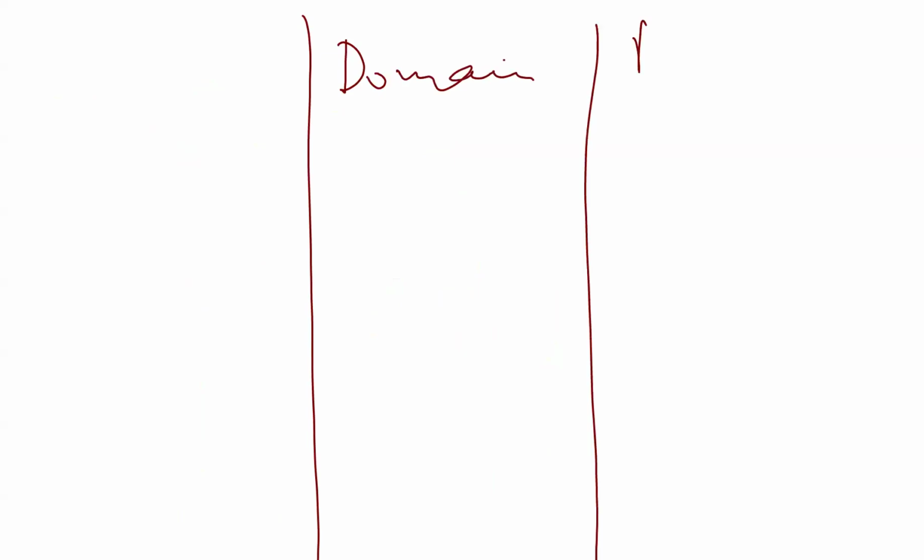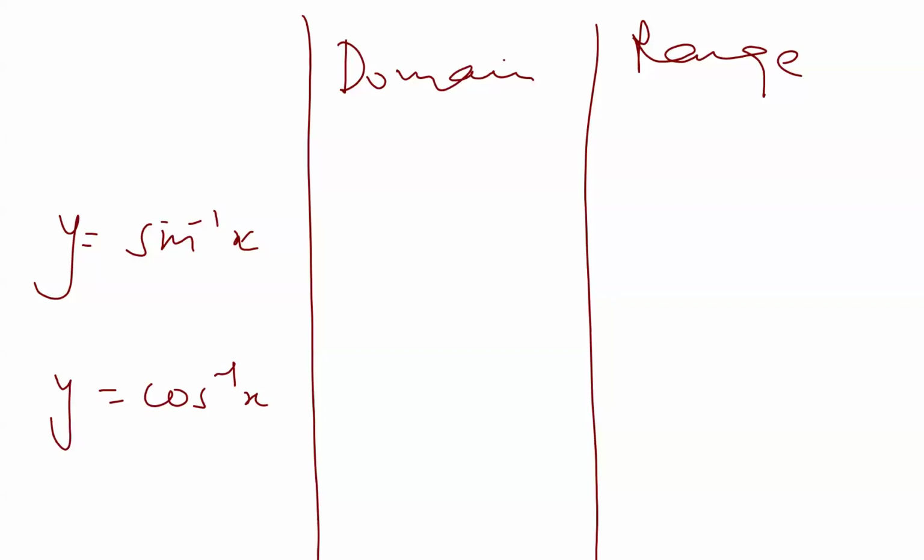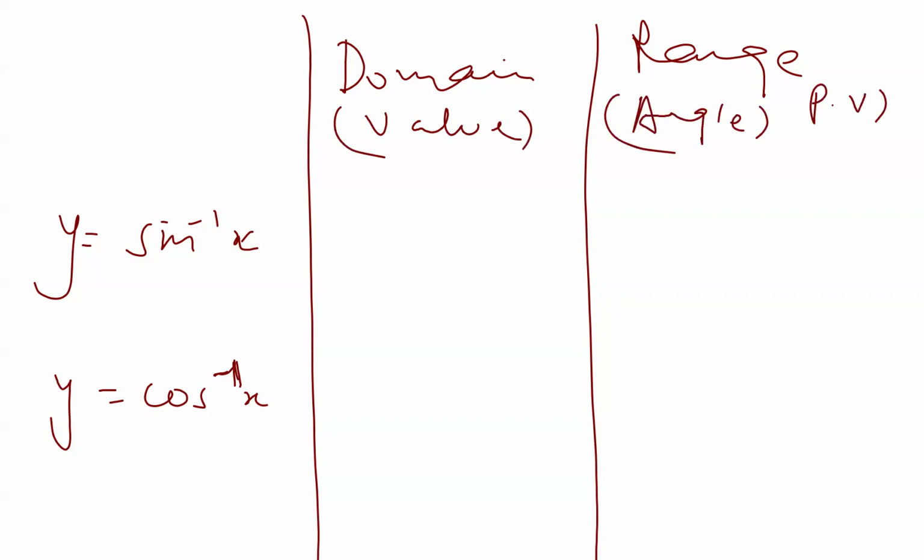The first thing that you need to understand is the domain and range of inverse trigonometric functions. I'll write domain over here and range over here. Y is equal to sine inverse x, y is equal to cos inverse x. So x is the value and y is the angle. It is also called the principal value.